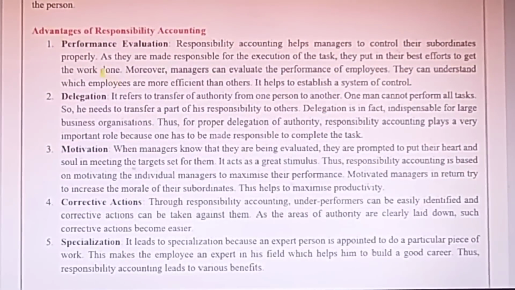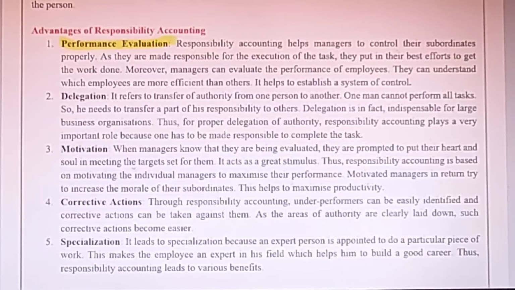It has some advantages. We can easily evaluate the performance of employees because one single boss, the person to whom we have given the responsibility of cost control, can evaluate his subordinates very well. Then it helps in delegation of authority, and we can make one person responsible for all the cost control. Then motivation: the responsible person always tries to motivate his subordinates to achieve better performance, which results in better output and production.